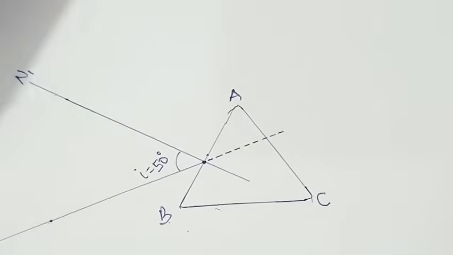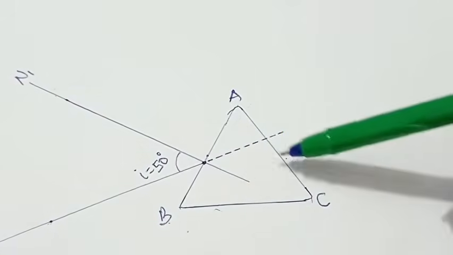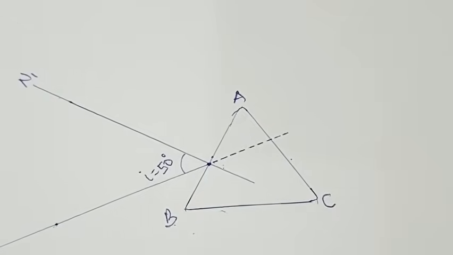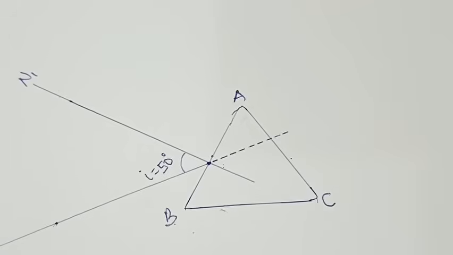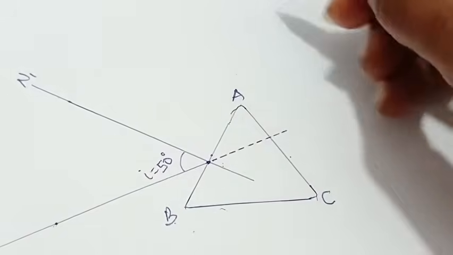Okay. So how do we now get that refracted ray? Like I said, we have to get the refracted angle first. To get the refracted angle, we are going to use a formula. The formula is actually Snell's law. Okay? So I'm going to write it here.